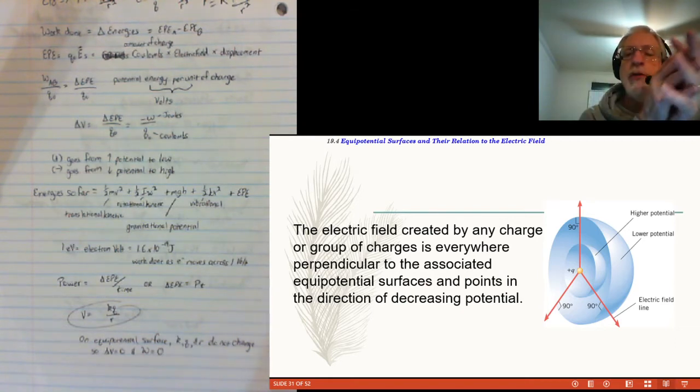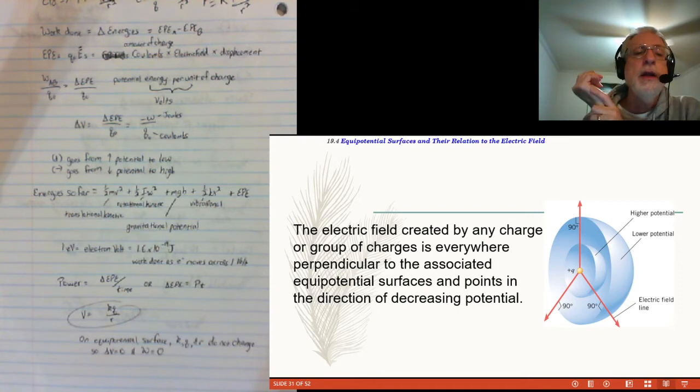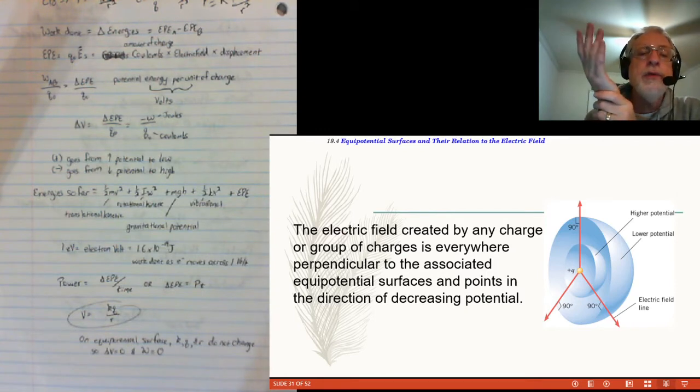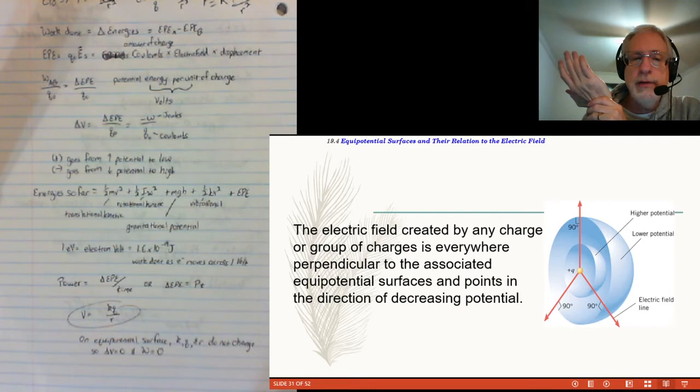Now remember when we were talking about the rules of electric field lines. That was last chapter. So let's pretend that these red lines are electric field lines. Not pretend, that's what they are.